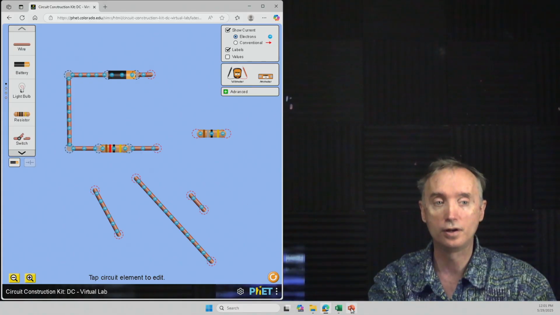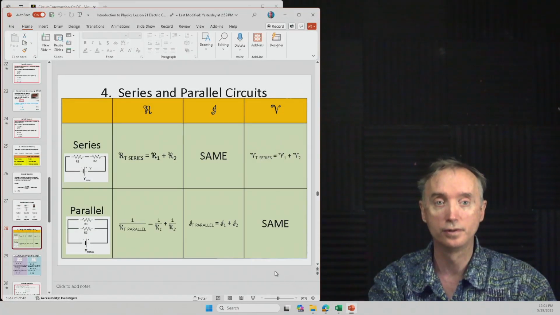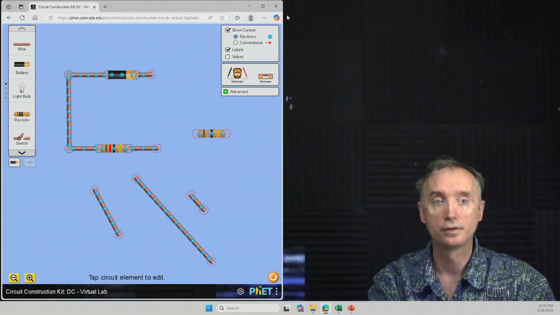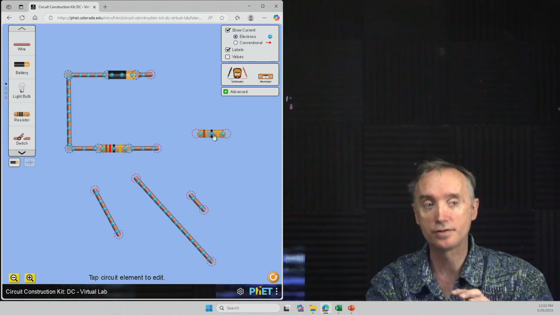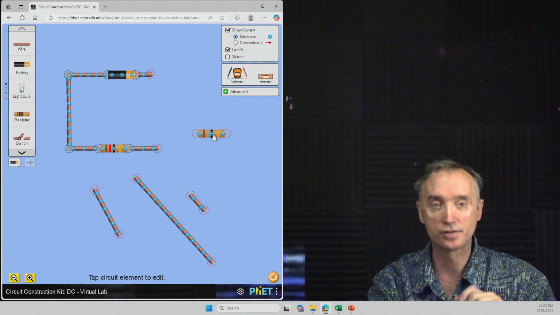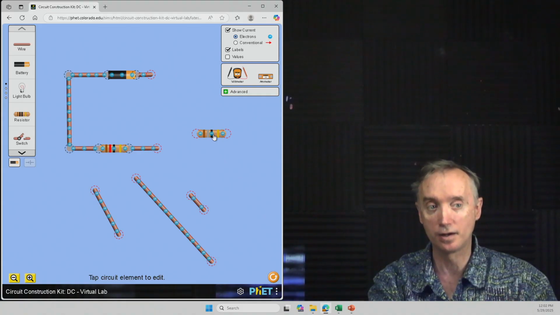Or you can go back to your notes here, and here is a picture of what a series circuit looks like. So you can see that it makes one gigantic circle. So a series circuit makes one circle. You can also think of it as being like a conga line. You all know what a conga line is, right? Dun dun dun dun dun dun.